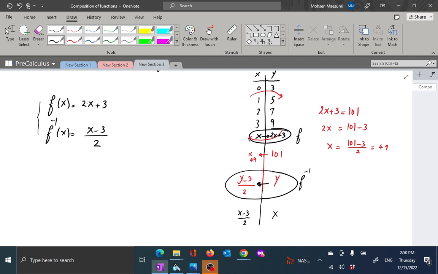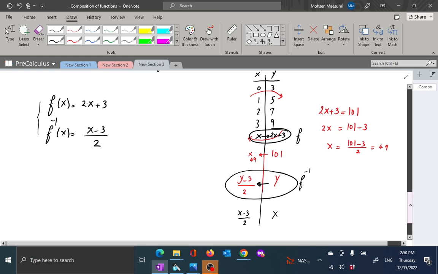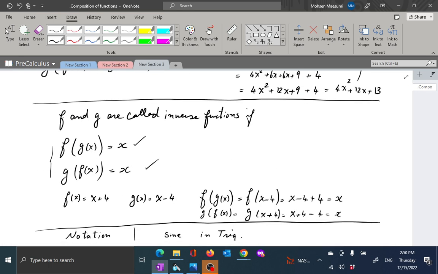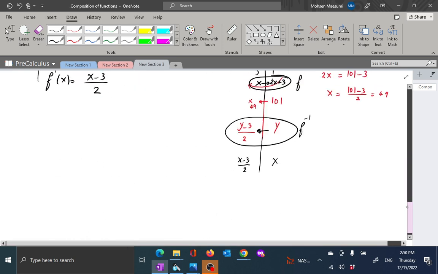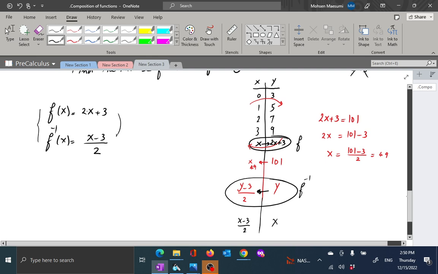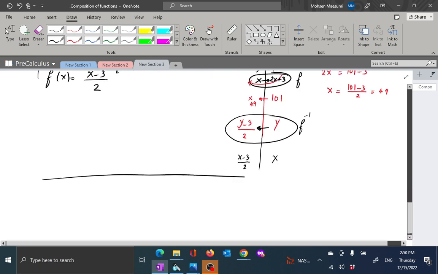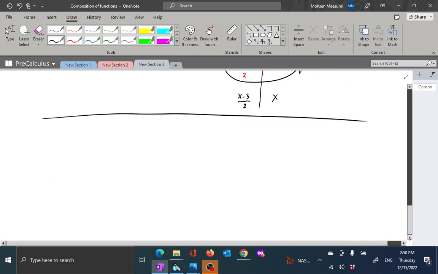Well, what if a pair was given to us already and we were just verifying if they are inverses of each other or not? You have two options. One is to do this, and the other option is to do what we did here. Either of them can be used to verify if a pair that is given to you are inverses of each other or not.